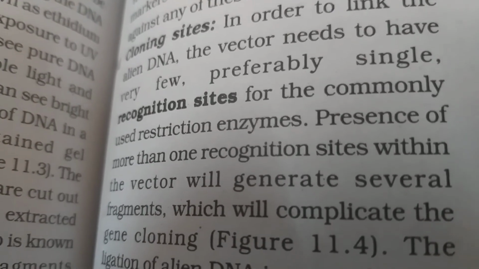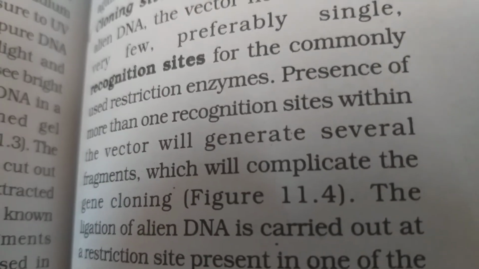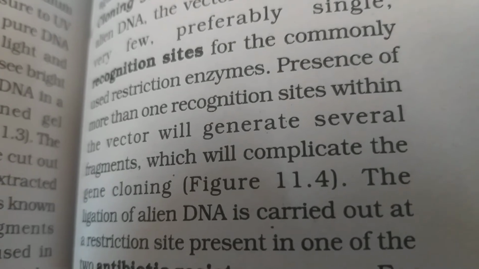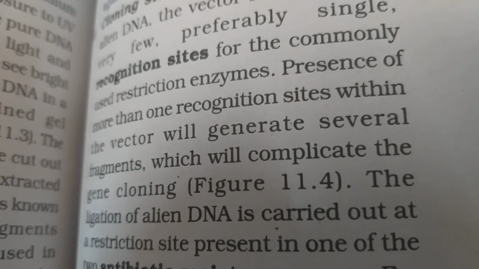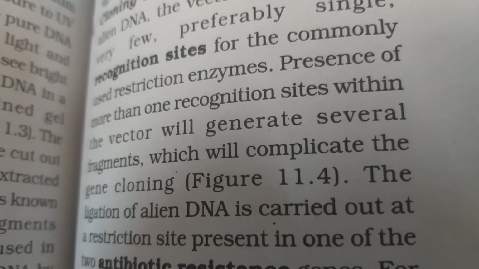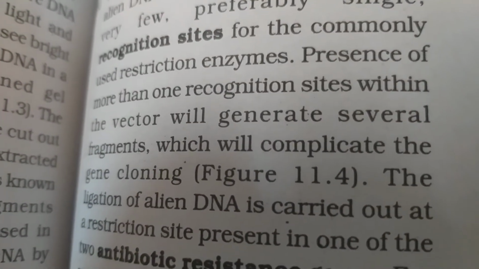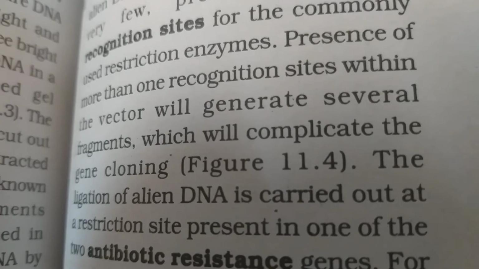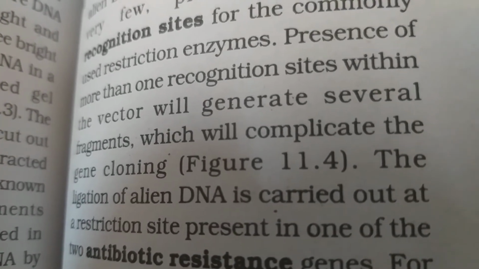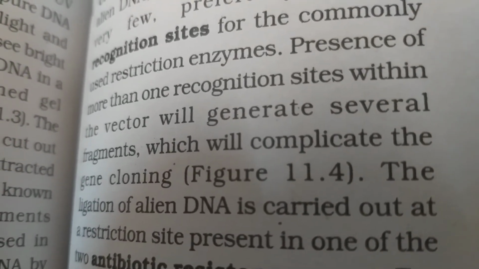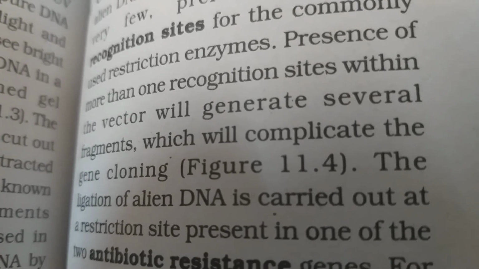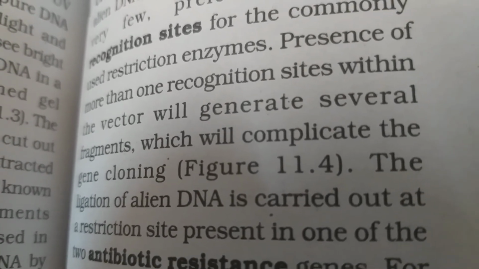If the cloning vector has multiple recognition sites, more than one restriction site, then what will happen? It will generate several pieces. It will produce several fragments of the cloning vector. So this will complicate the process of gene cloning.